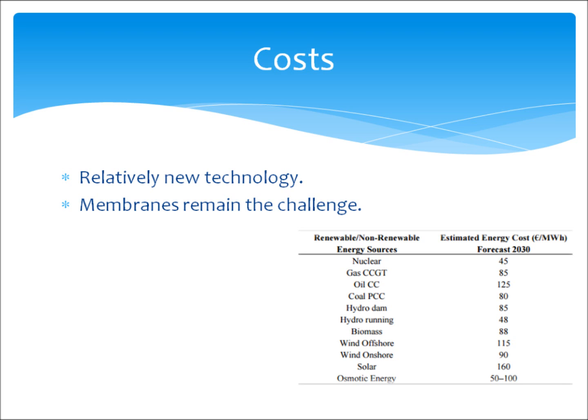Statkraft analyzed the cost of producing osmotic energy by using hydropower plants as a basis for comparison and concluded that in the future, the price of renewable energy would make osmotic power a commercially viable option with an expected pricing to range from 50 to 100 euros per megawatt hour.